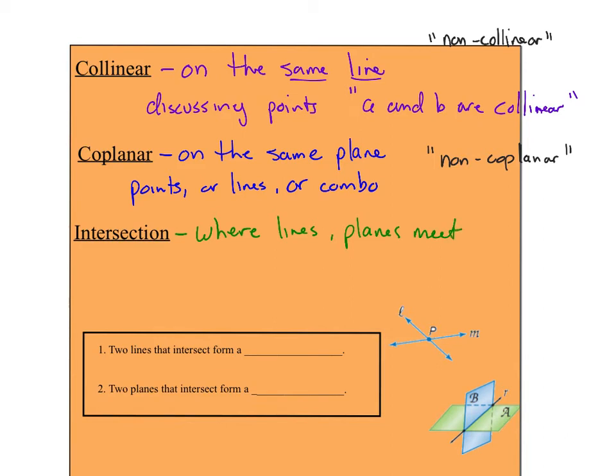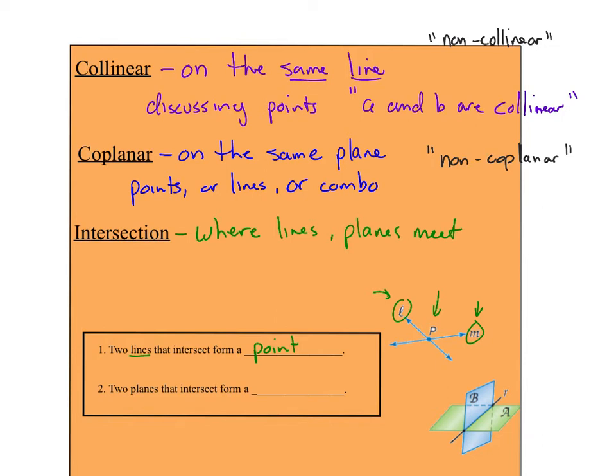So if you consider down here, we have a line L and a line M. And this is another way you can name a line: you can just name it with kind of a cursive letter, and they meet at point P. So two lines, when they intersect, make a point. If you think of the exact middle of the intersection of a road, that's kind of what you make.